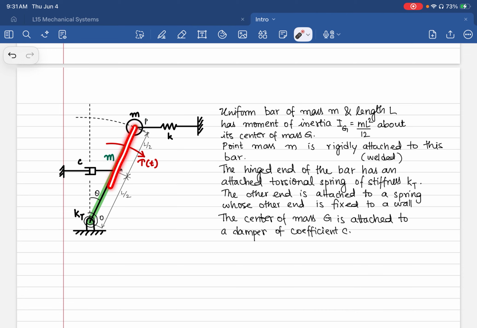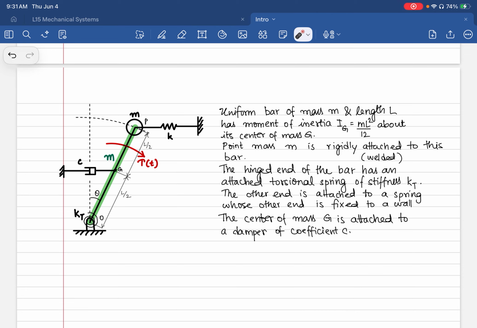So there is a rigid bar, and then on one end you have particle mass m that is rigidly attached. So first, what is the degree of freedom of this system? Since this mass m cannot move relative to the bar, if you have just theta, you can fully define the position or the state of the system.